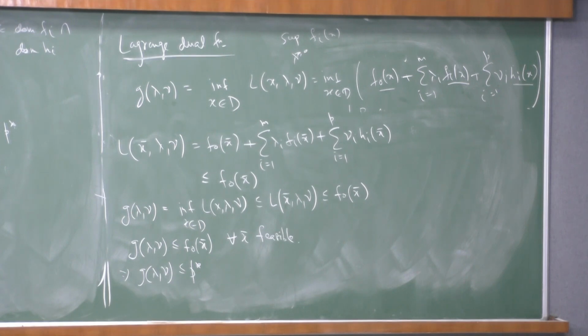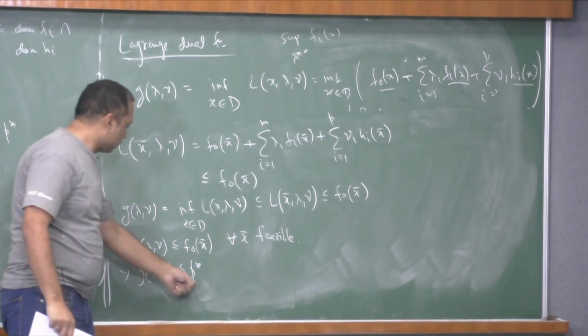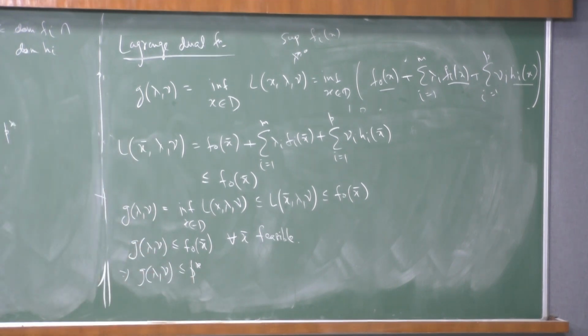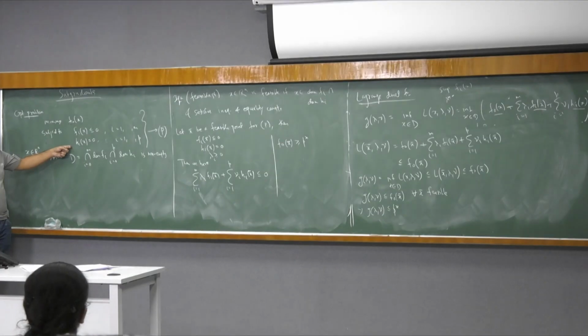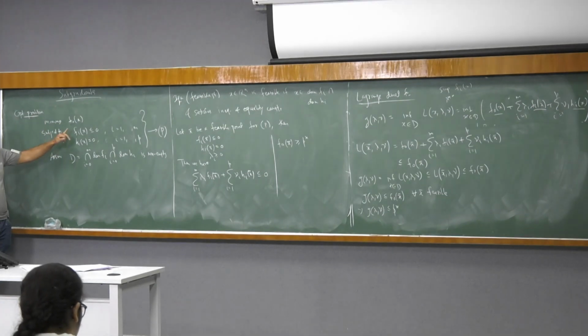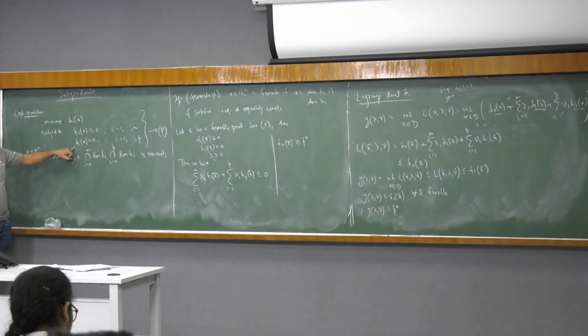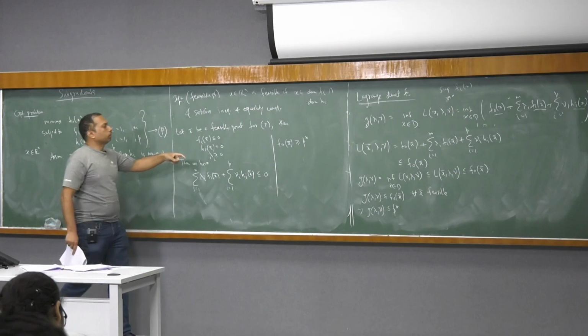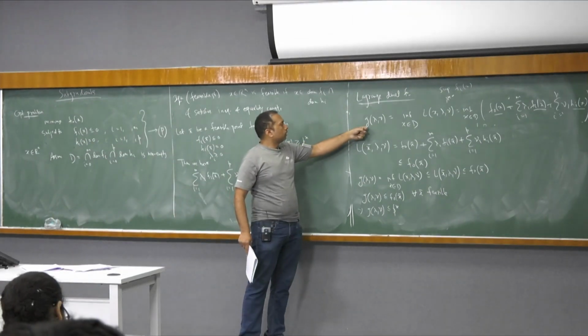So from there we know that the dual function is a lower bound of the primal. Here p stands for primal. This problem is called primal, and the reason why we say primal is that there is also a dual variant of this. And this dual variant actually comes from this.